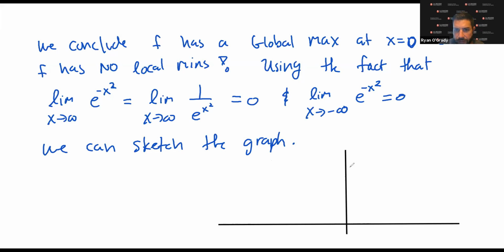We know the graph has to go through the point (0, 1), and this is in fact a maximum. It's global. We know that at 1 over the square root of 2, concavity changes, and then we know at negative 1 over the square root of 2, the concavity changes. So with just that little bit of information, we know that this creature looks like this.